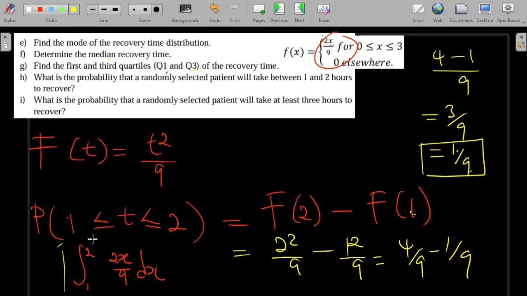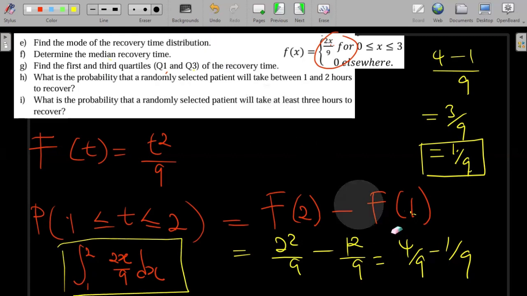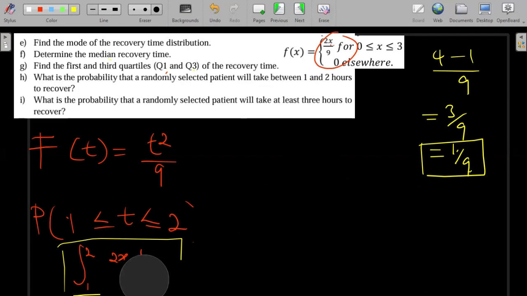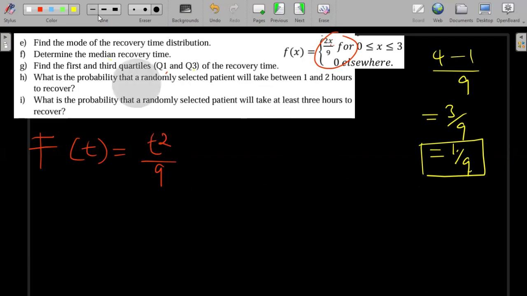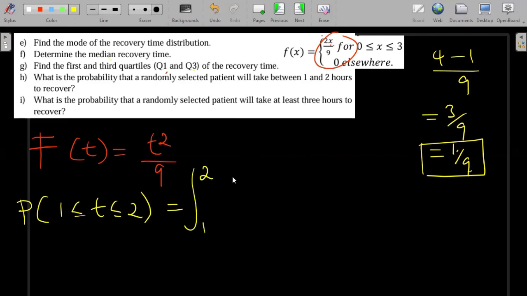So even if you use the integral here, you're still going to find the same answer. So let's try and see if it will be correct. I'm going to say the probability that the time is between 1 and 2 is just the integral from 1 all the way to 2 of this guy.